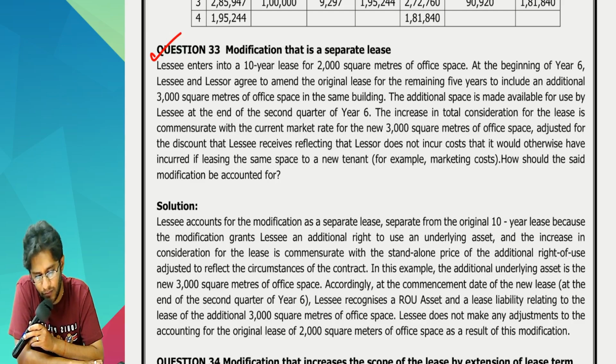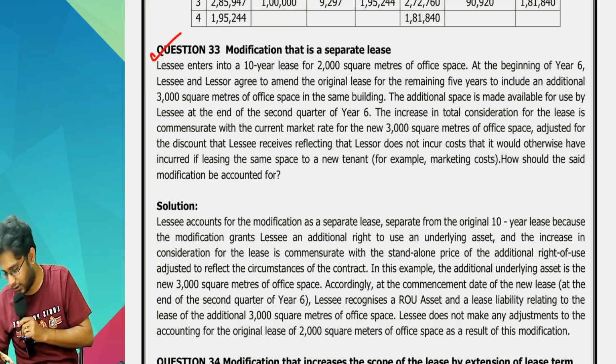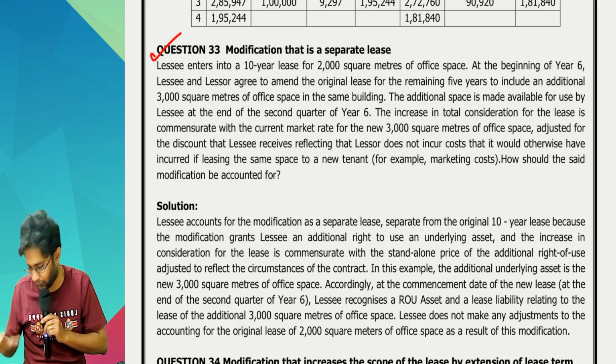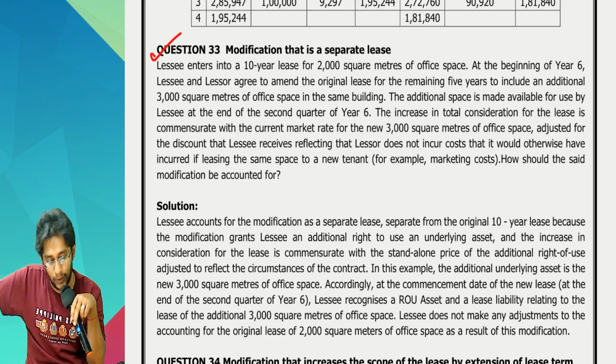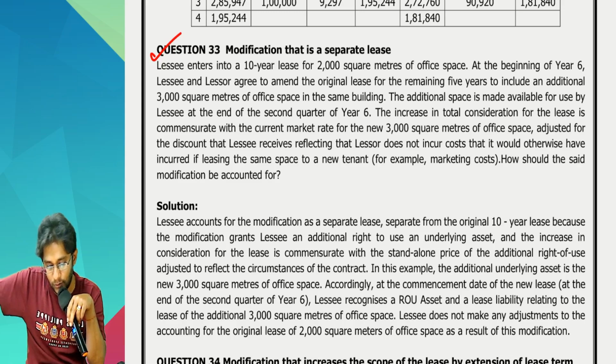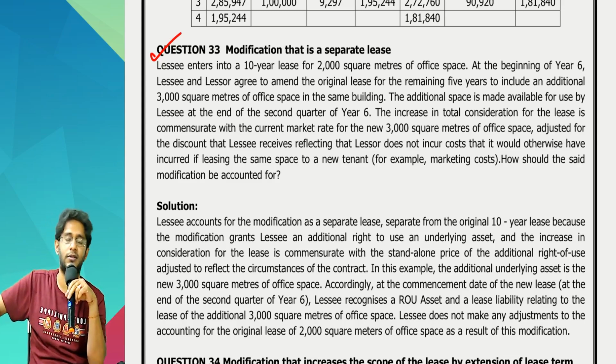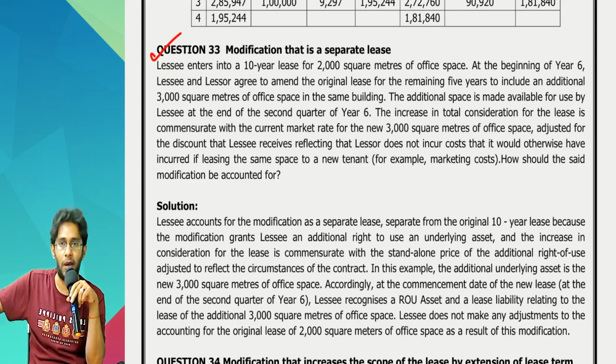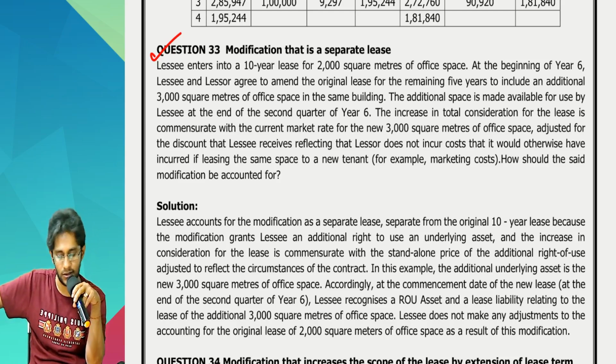At the beginning of year 6, the 6 years is over. Lessee and lessor agree to amend the original lease for the remaining 5 years to include an additional 3000 square meters of office space in the same building. Already 2000 I am having, extra now I want 3000. That means definitely it is an increase in the scope.